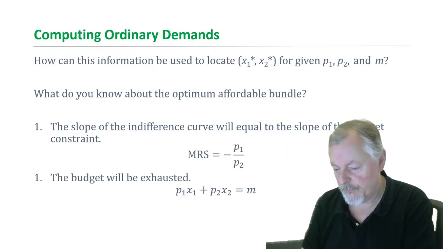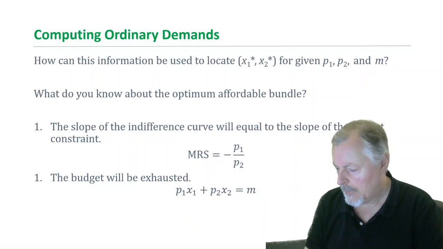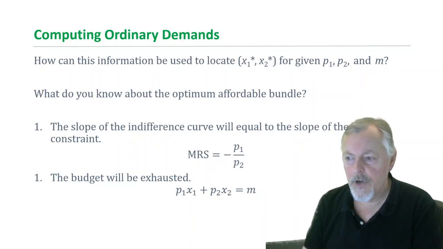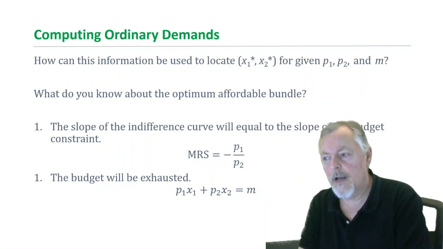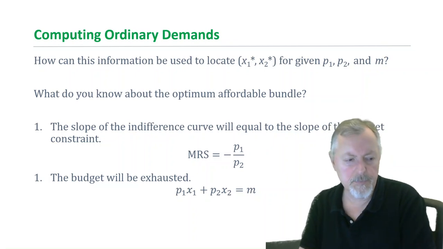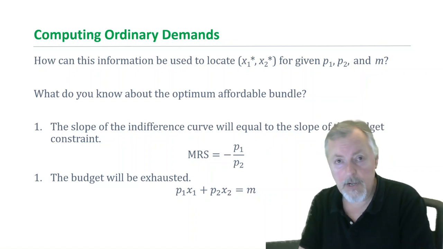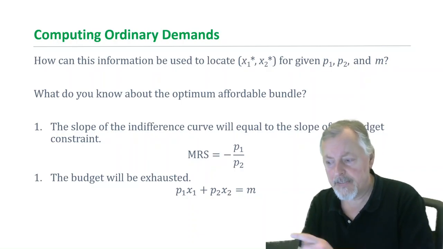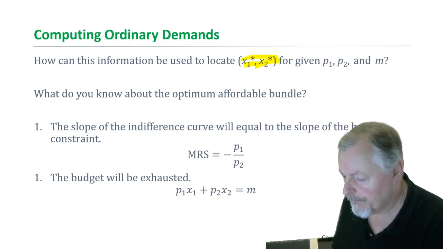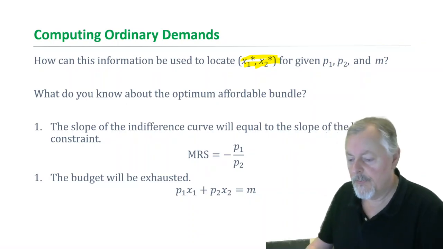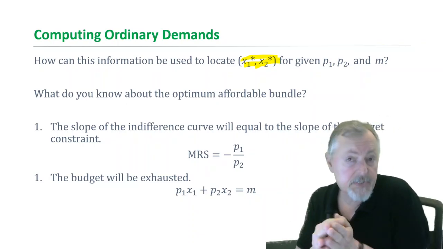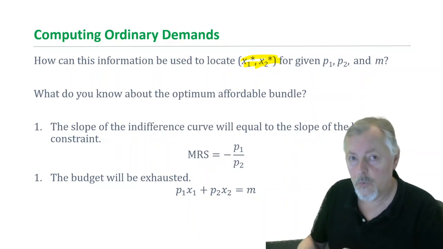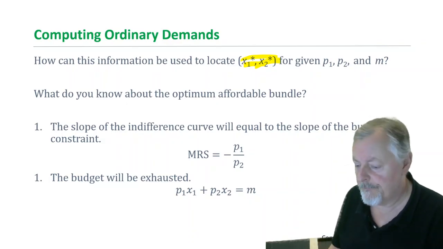How do you find this information? Well, what do we know about the optimum affordable consumption bundle? We know a couple of things. One, we know that at that point, it's a tangent point, the slope of the indifference curve will be equal to the slope of the budget constraint.